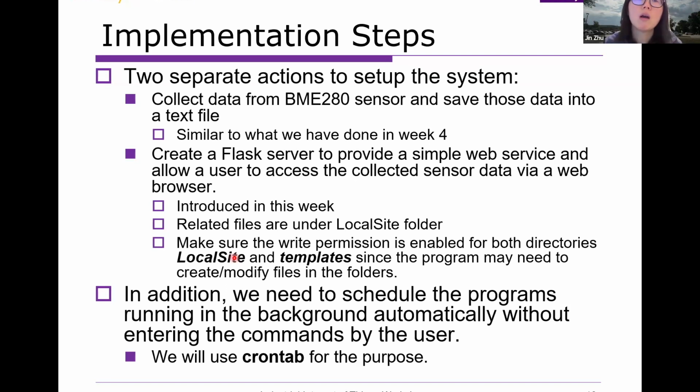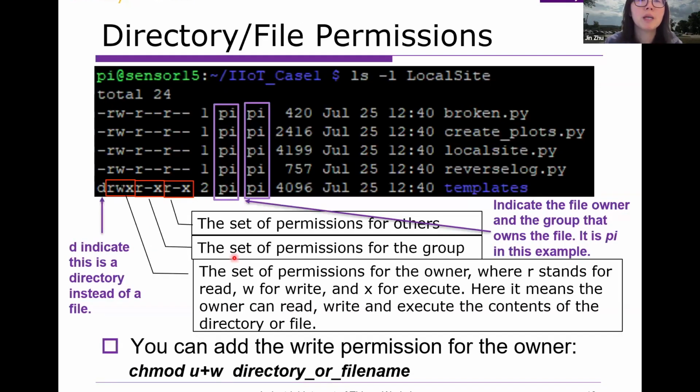A couple of things before we continue. In order to run the code, we need to make sure you have the right permissions for these folders. After you clone it, it should automatically be fine, with the right privileges. As shown here, if the first character is a dash, it means it's a file.